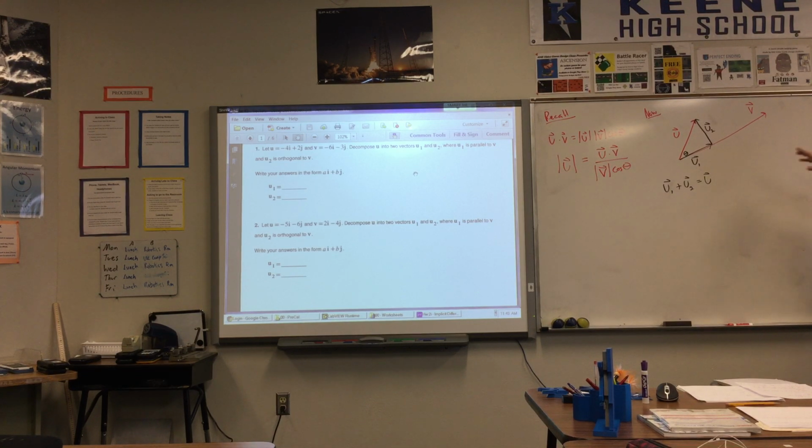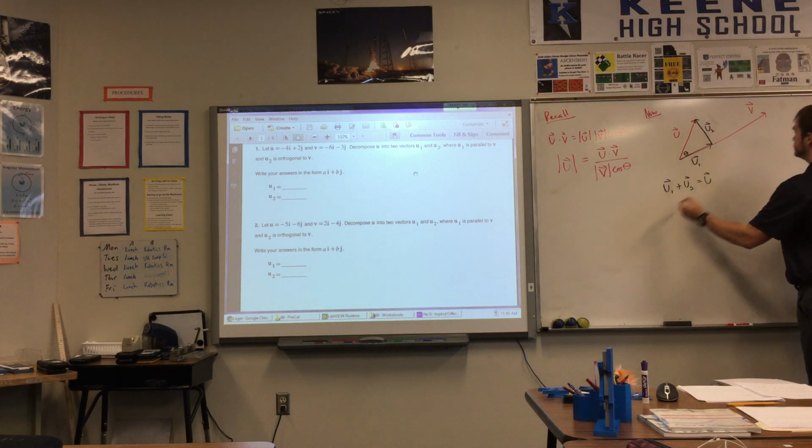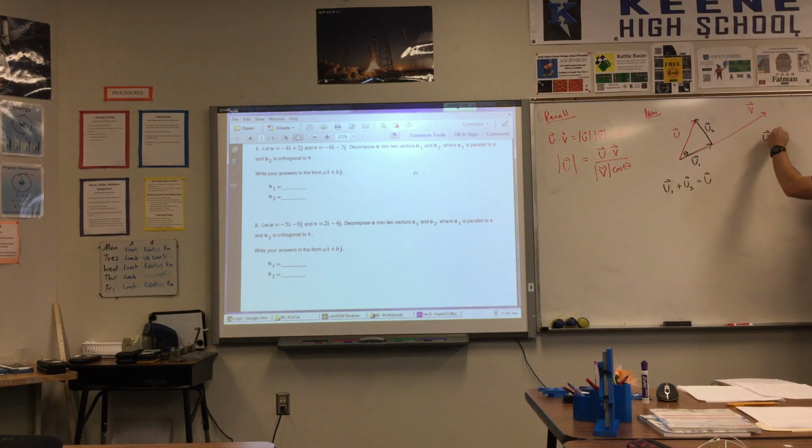What's more, we're going to focus here on u1. We could say that u1 is in the same direction as v. That's the idea of them being parallel, right? If it's in the same direction as v, then we could also say this. Imagine, was it last week, we did that unit vector stuff.